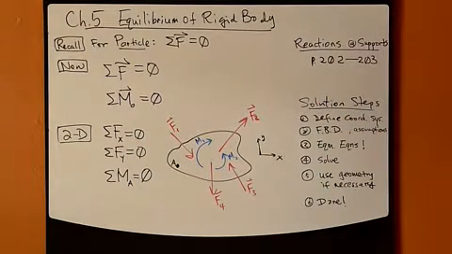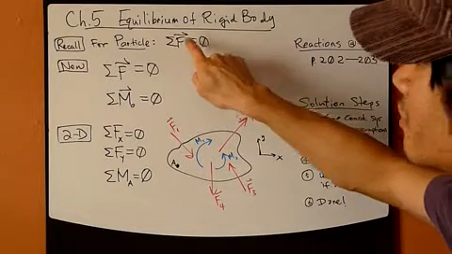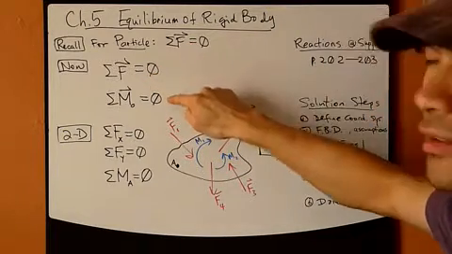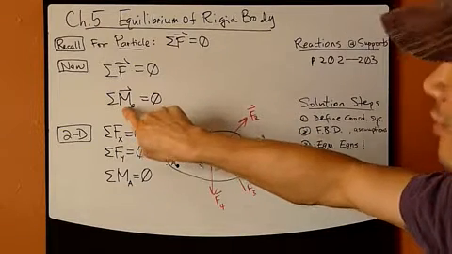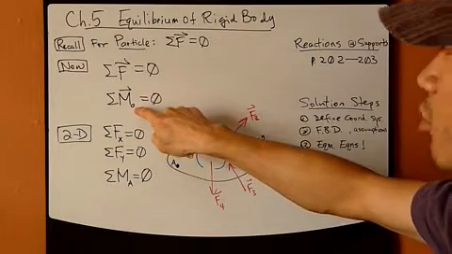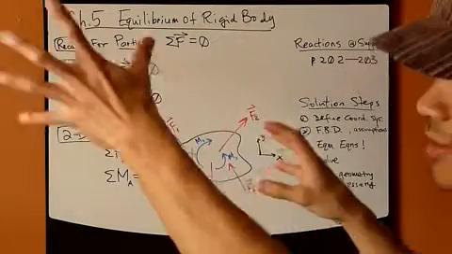So now as a rigid body, other than this sum of forces equation, we must consider the second equation, which is the sum of all moments about any point O, and this point O can be anywhere on the rigid body or outside the rigid body.